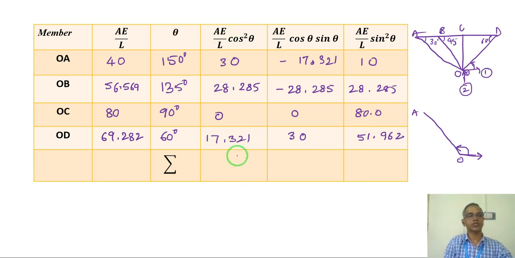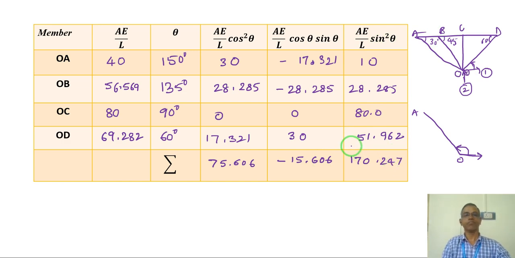When you sum the first, what I get is 75.606. Sum of the next, I get minus 15.606. When I sum all of this, I get 170.247. Now we know what K11 is.